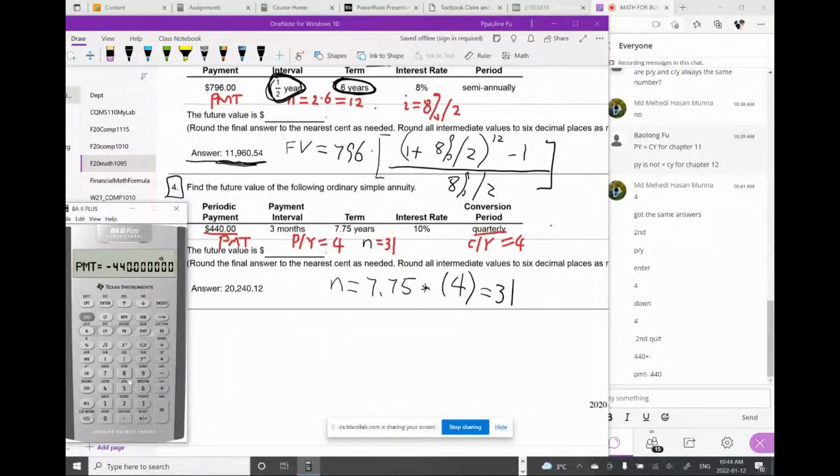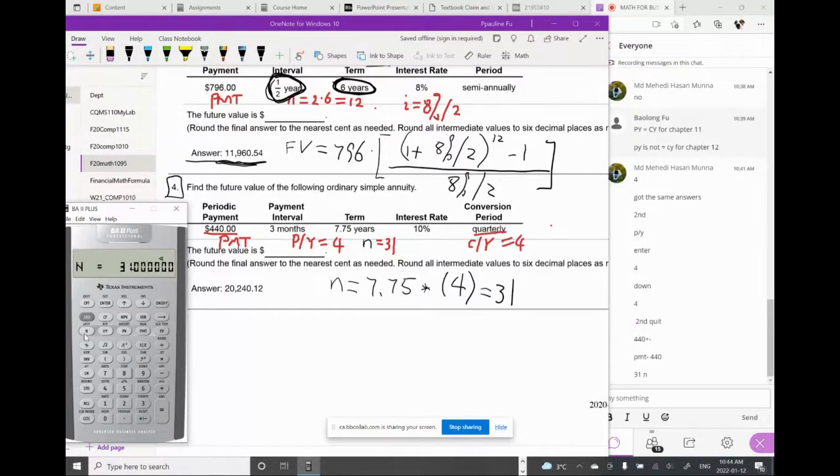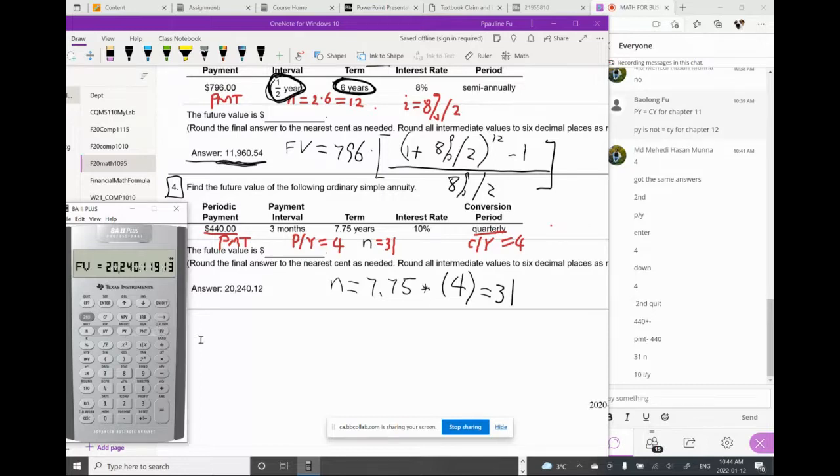Then 31 is term N. 10 is interest IY. 0 is PV. Compute FV. Woohoo! I got the same answer. Thank you so much, Hassan, for guiding me through the process.